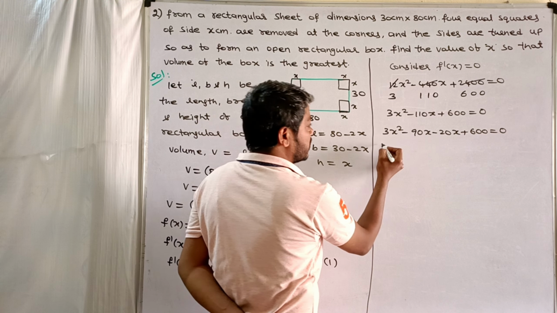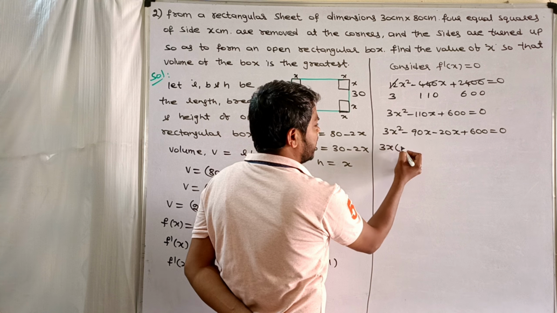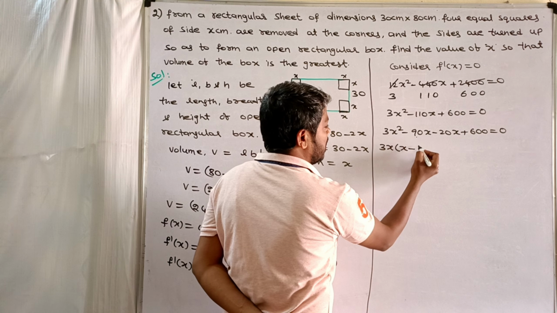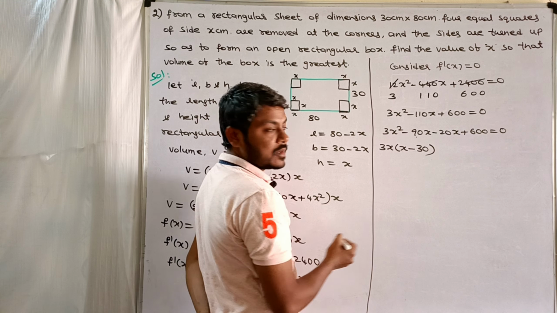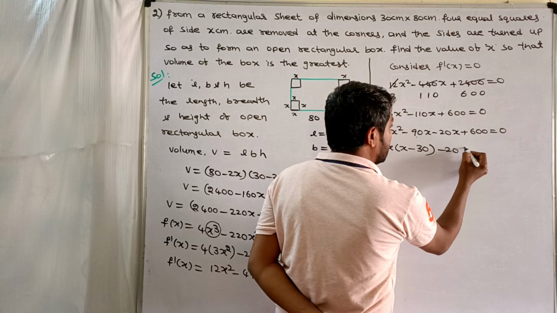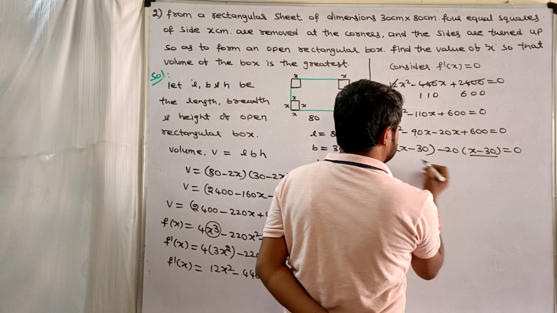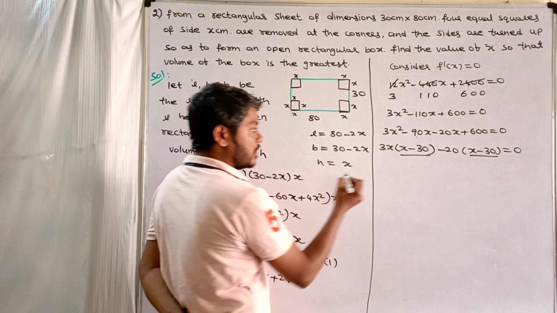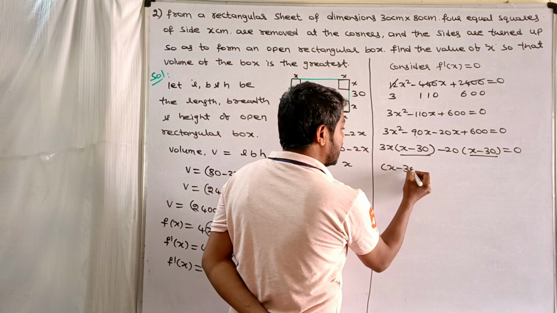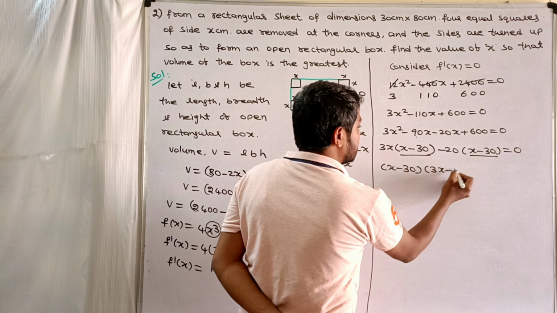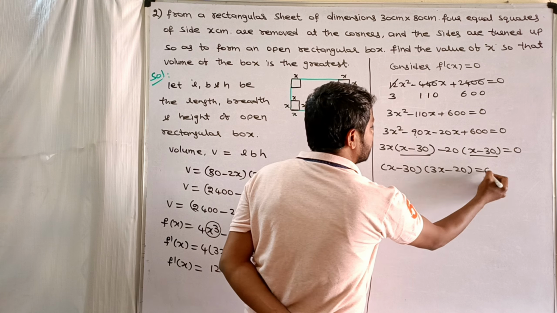From the first two terms, 3x is common. You will get x minus 30. From the last two, minus 20 is common. You will get x minus 30. So clearly x minus 30 is common. x minus 30 into 3x minus 20 equals 0.